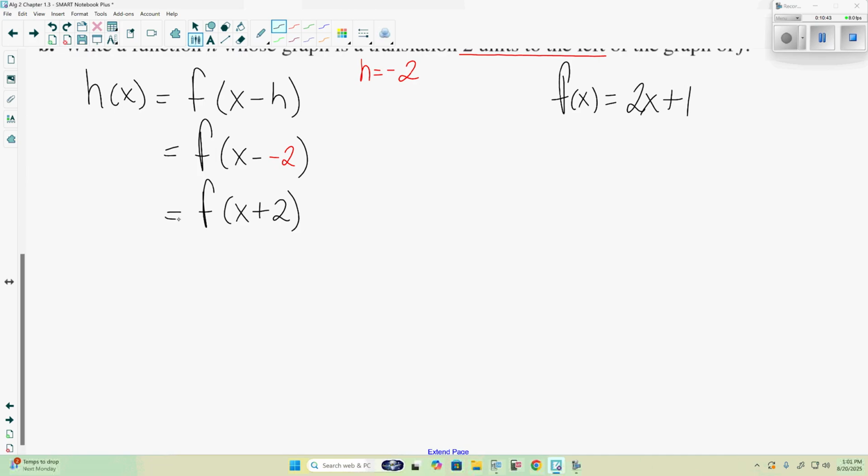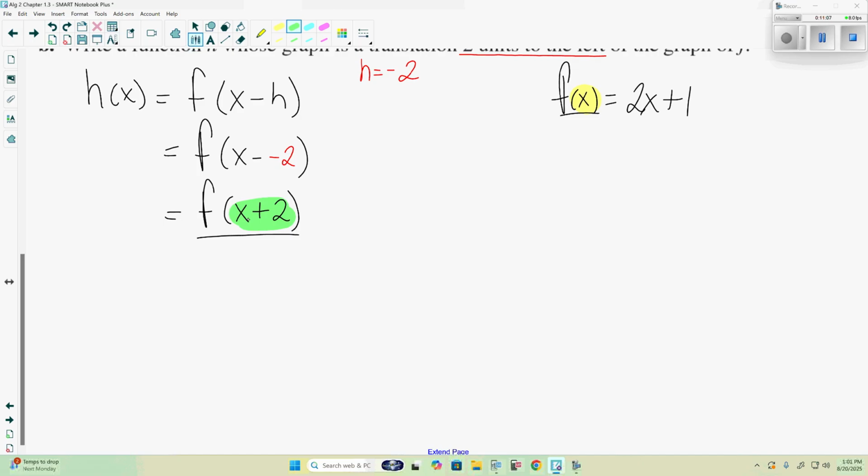So now the function we're looking at is what? F of x plus 2, yes? Well, what function did we start out with? F of x, yes? So what did we change? We changed this x to x plus 2, yes?